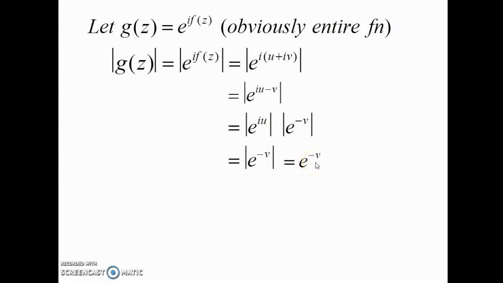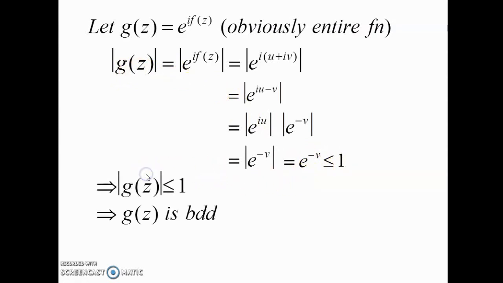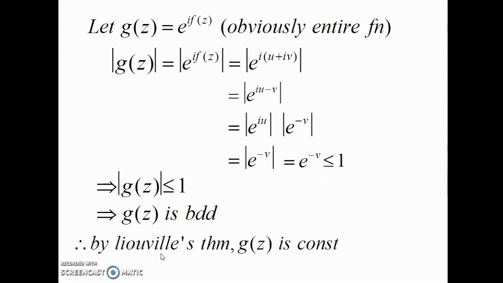We already got that e power minus v is less than or equal to 1. So I am substituting that. So mod g of z is less than or equal to 1. Therefore, g is bounded by its definition. So we have got an entire and bounded function. Therefore, when we use Liouville's theorem, we get g of z as a constant.